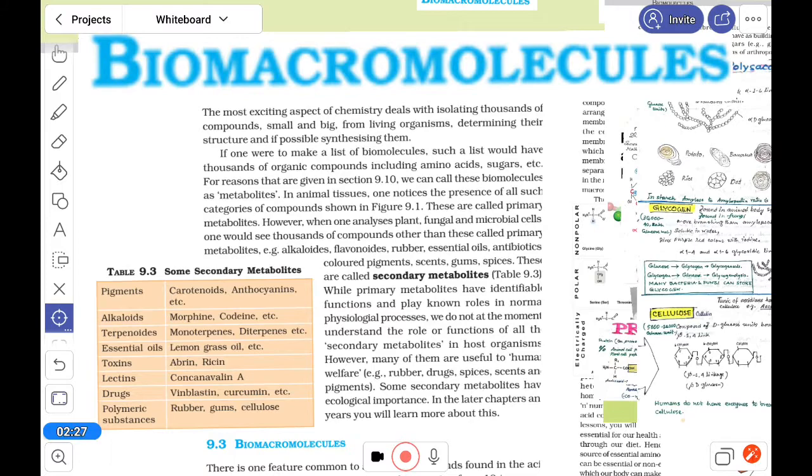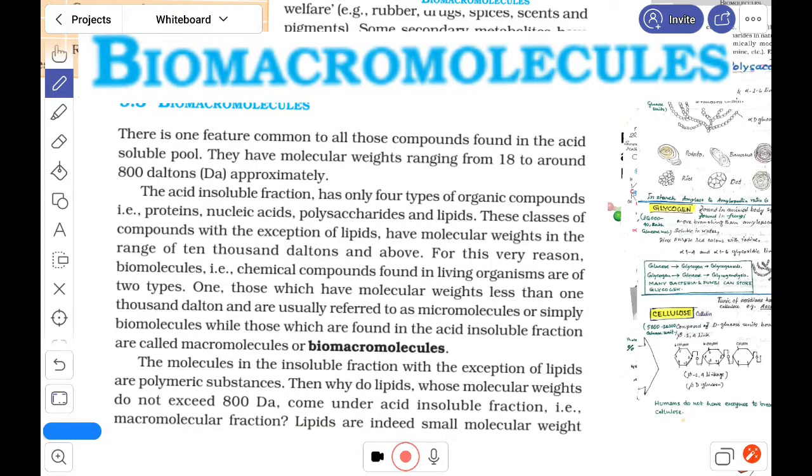biomacromolecules. So for biomacromolecules, we have to understand that at the beginning of the chapter, in the one experiment we did with trichloroacetic acid, we got acid soluble substances, and I mean acid soluble and acid insoluble fractions. The insoluble fraction will be the macromolecules.